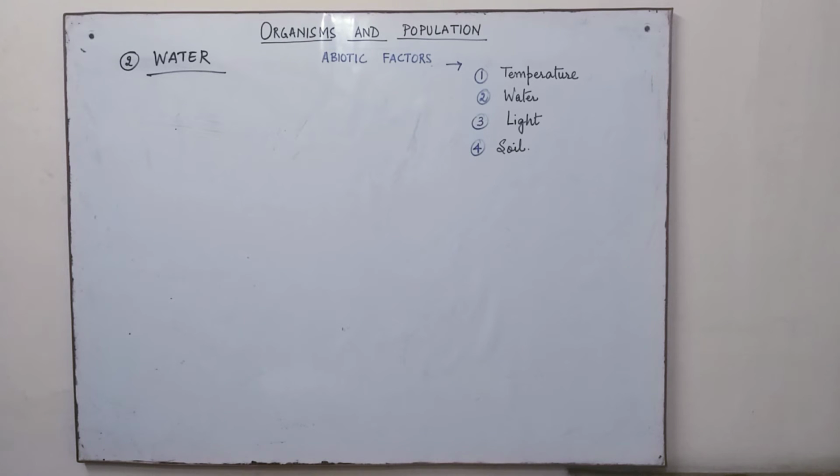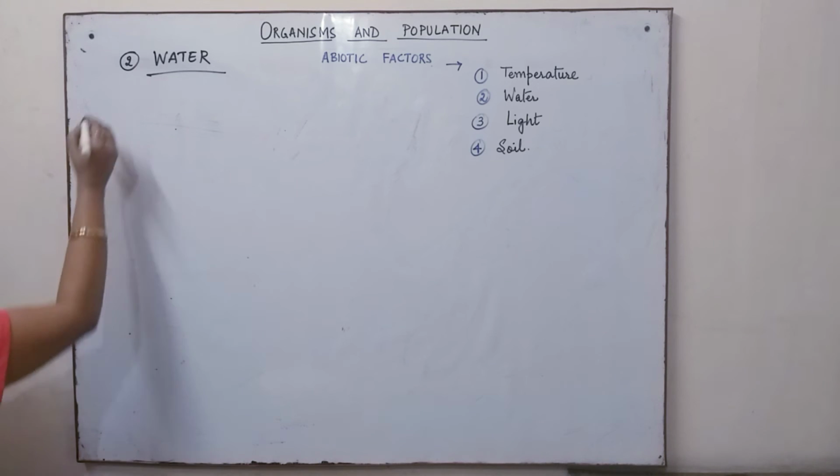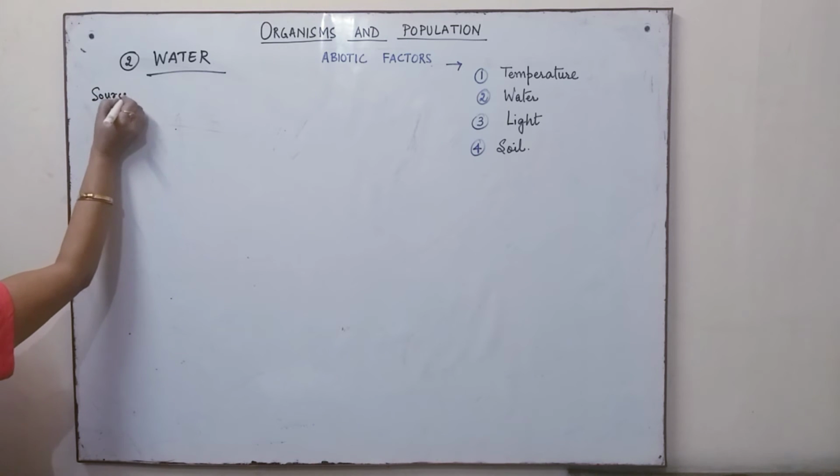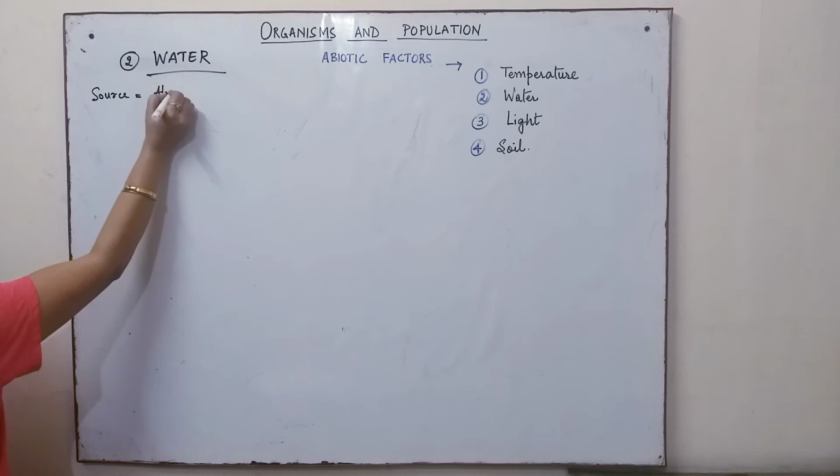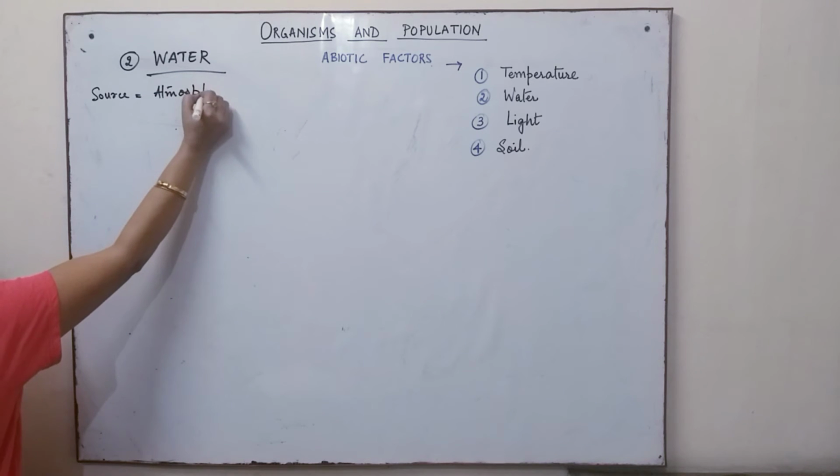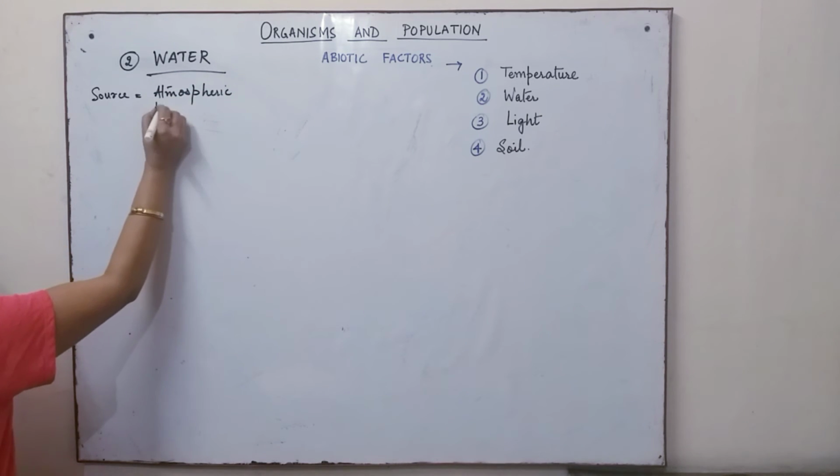Now, the main source of water is atmospheric precipitation.